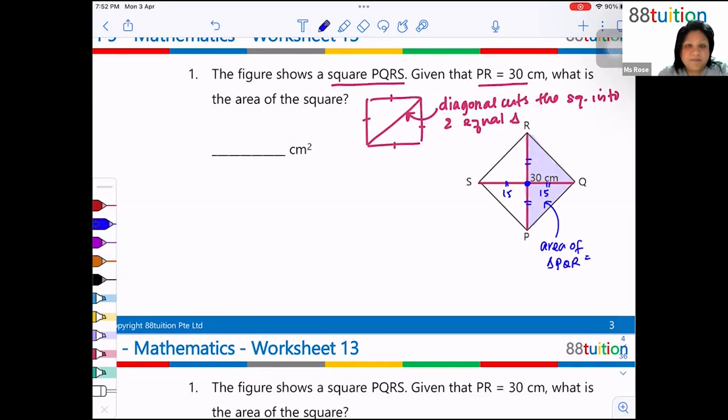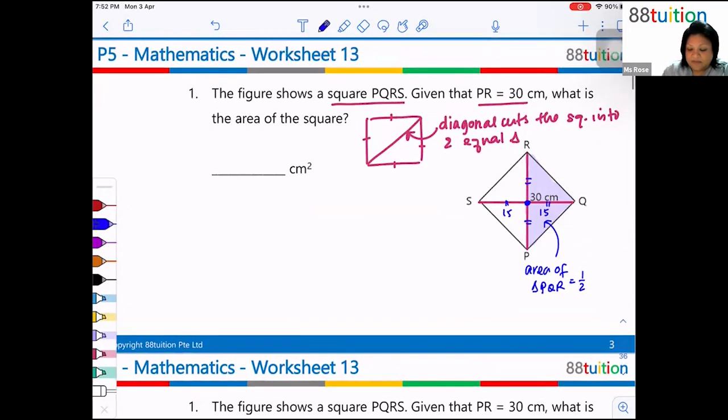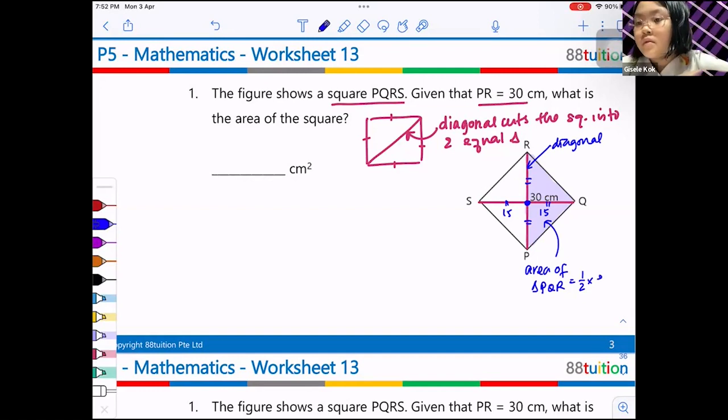What do I have? 225. How do you get 225? So the formula is half times the base. The base is your diagonal, 30, times the height is here.